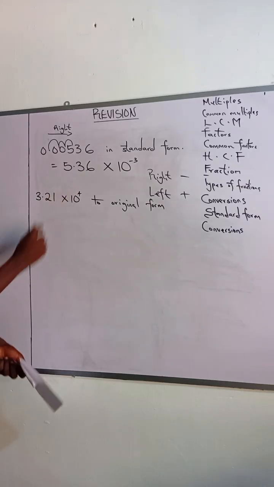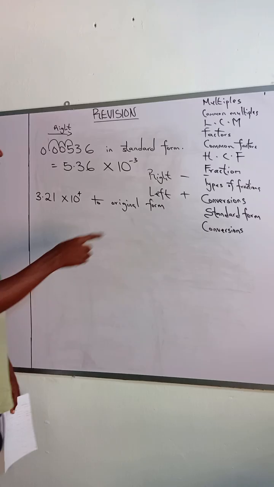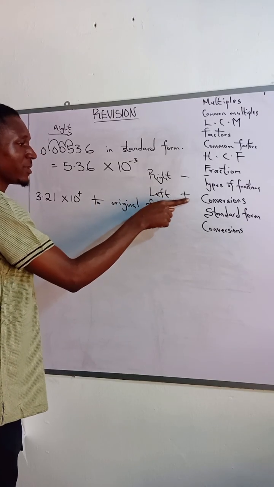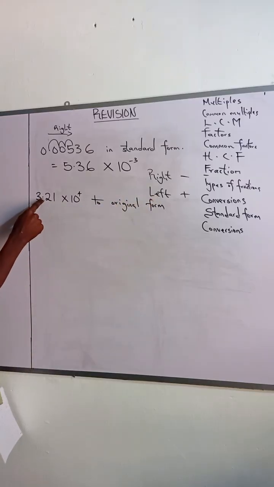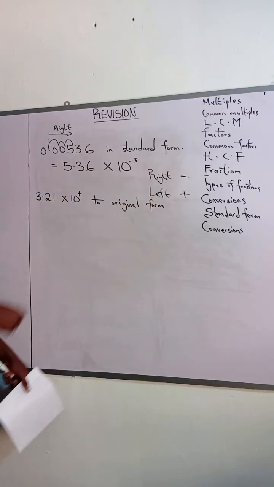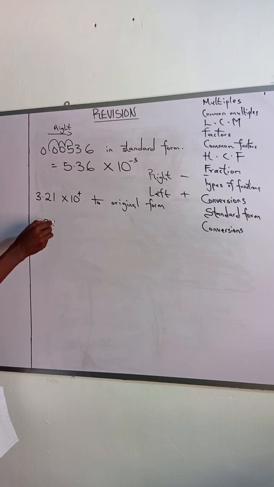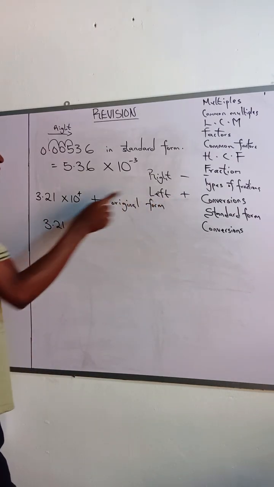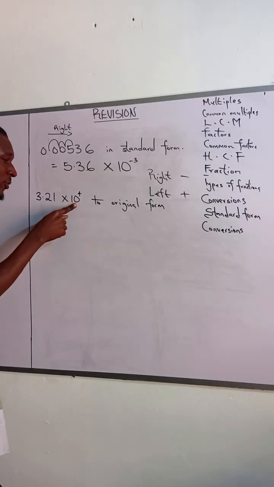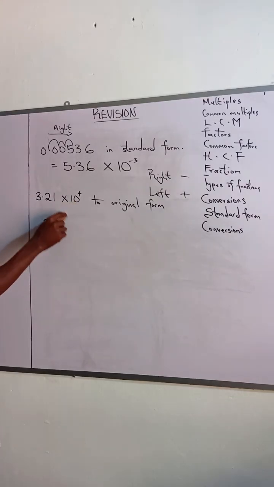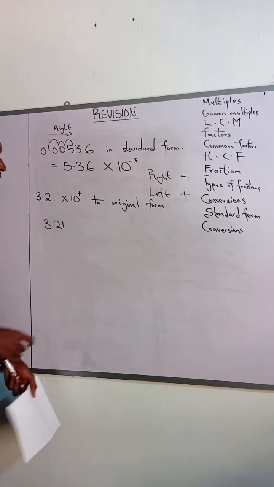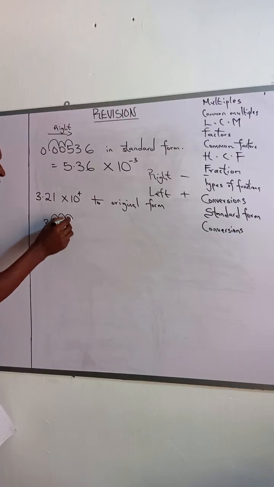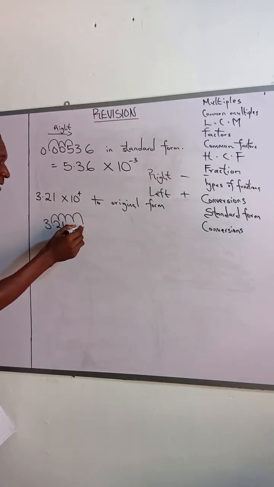When you see positive 4, what does it mean? When the point is moved to the left, it is positive. That means this point came from somewhere here. This is 3.21. It has been moved to the left 4 times. That is why you are saying 10 raised to the power of 4. So you have to move it back 4 times to where it was before. If you are moving back, it's going to be the opposite. 1, 2, 3, 4. And the point would be here.